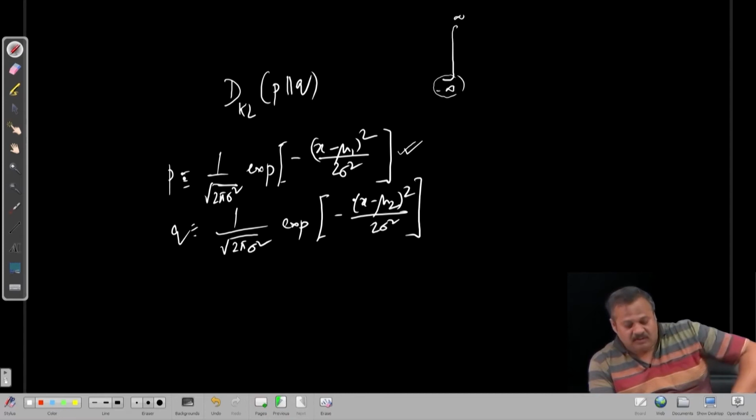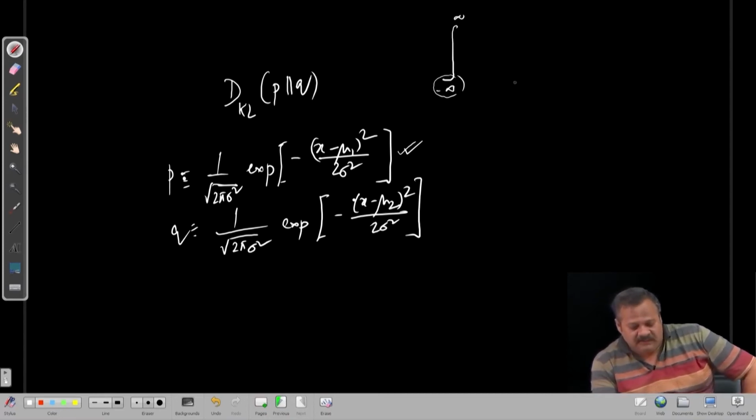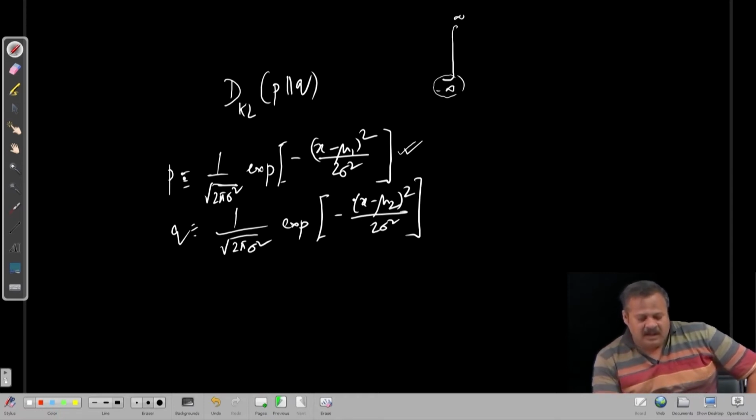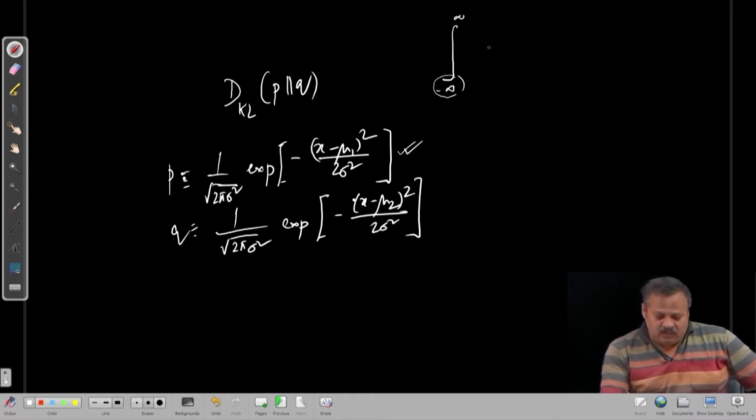That already is wrong, because rates cannot be negative. However, we can say that the total mass below 0 is negligible, and then we are okay. So we continue on with the KL distance, that is, now we are writing this P(x) and log of P(x) by Q(x).